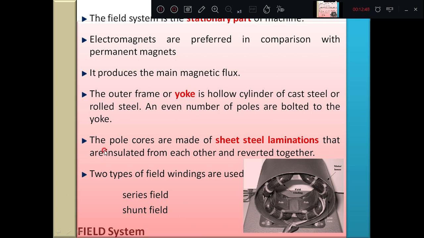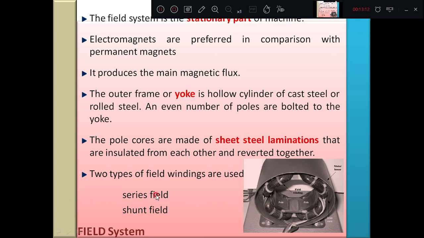The pole cores are made up of sheet steel laminations. All the systems in electrical rotating machines are made up of laminations to reduce the iron losses in the machine. All these laminations are stamped together, separated by insulation. There are two types of windings you come across.